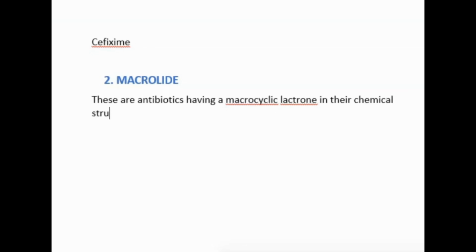Macrolides are antibiotics having a macrocyclic lactone in their chemical structure.